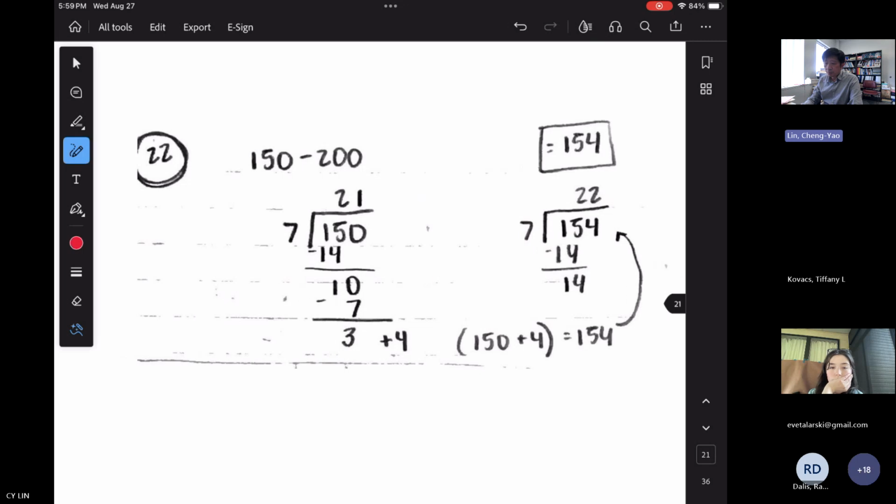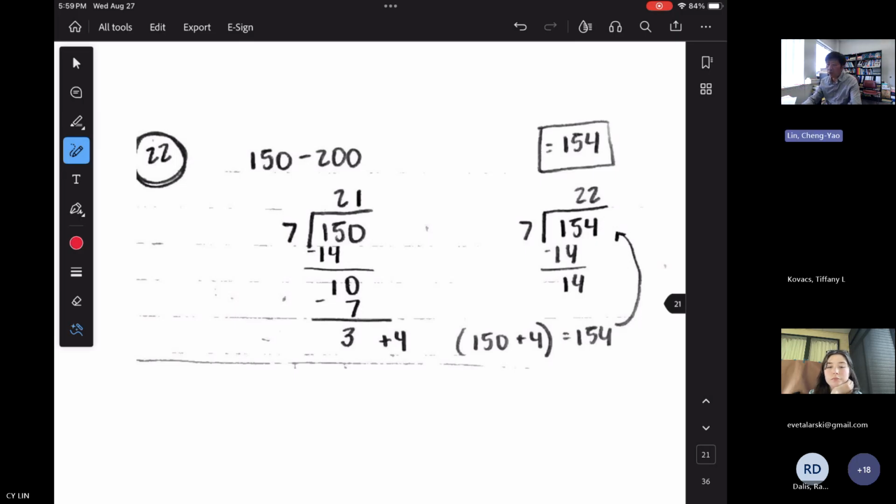Next problem, 22. Let me read this problem: give a number between 150 and 200 that is divisible by 7.